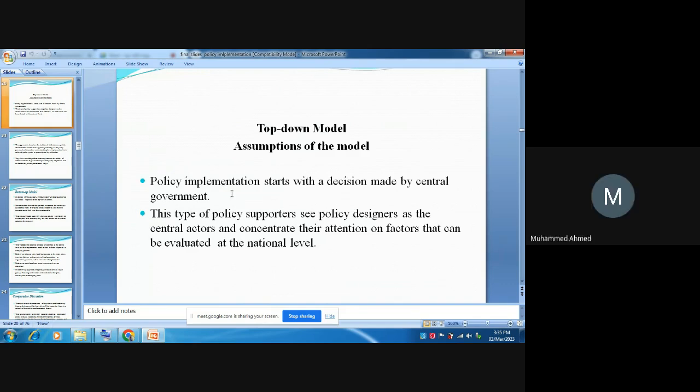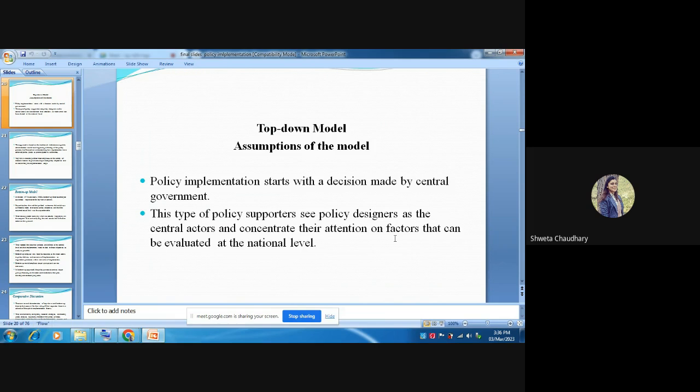Yes, that method. The decision is made by the central government. This type of policy supporter sees policy designers... suppose you have certain problems in the marketing of a commodity, suppose price fluctuations are occurring, then what policy is implemented by the government? What should the government do in that case? The government can initiate many e-marketing portals.